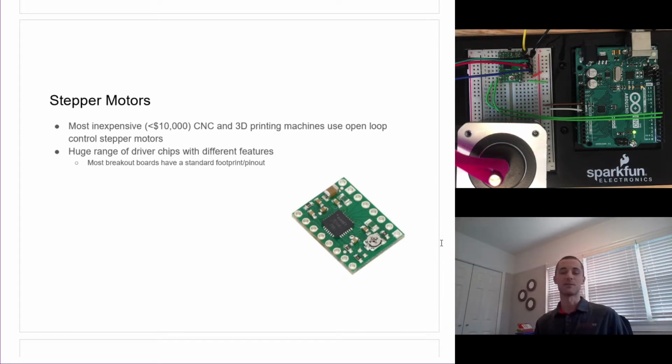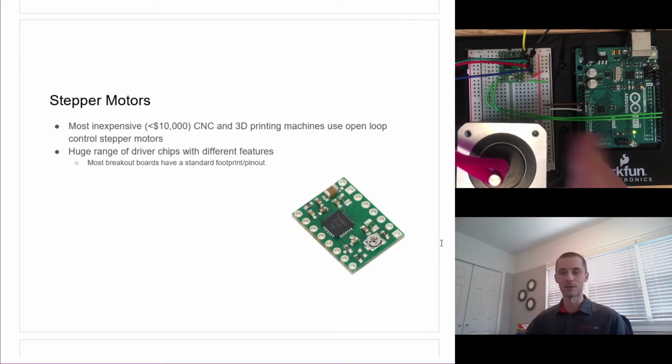You can get, I think, 5 to 10 of these for on the order of like 10 to 15 bucks. They're incredibly cheap ways to have a relatively high precision, incremental movement. And so that's what stepper motors are great for, is they take those tiny steps moving.